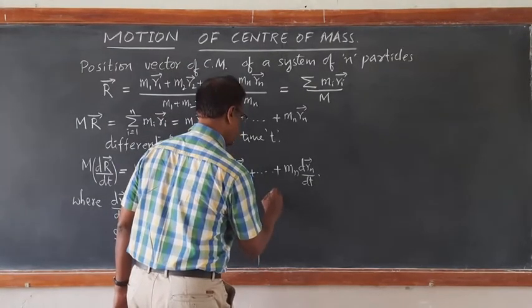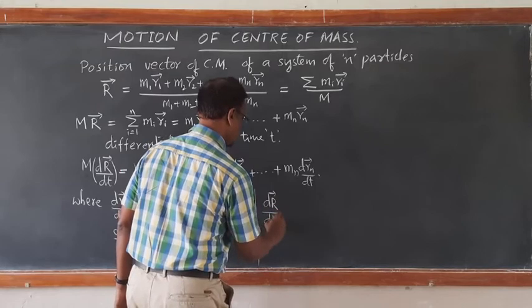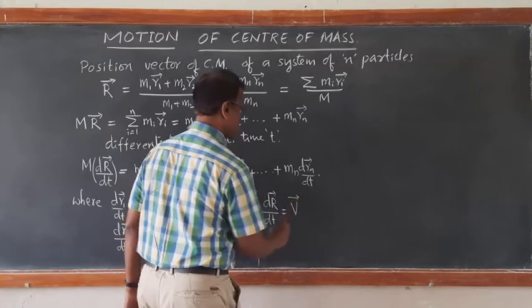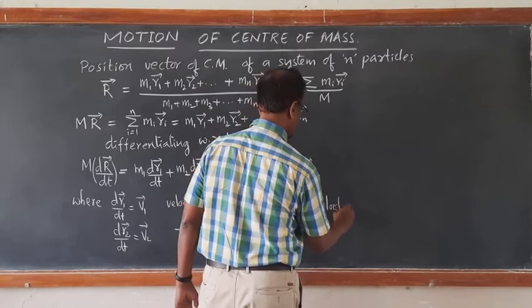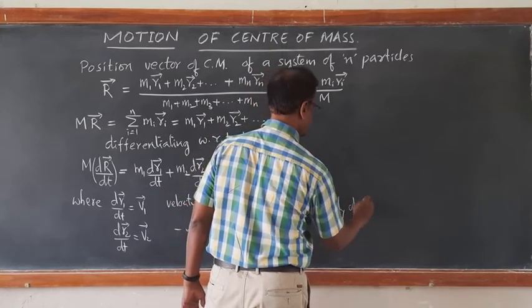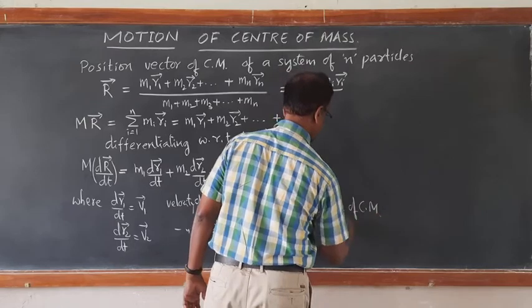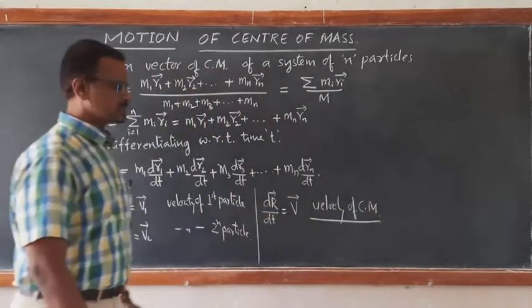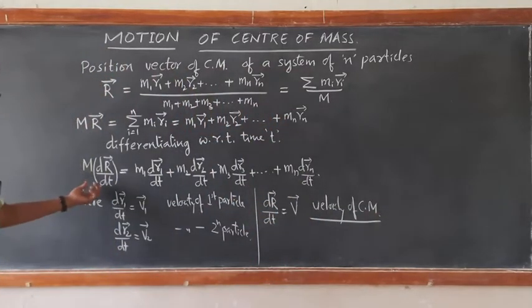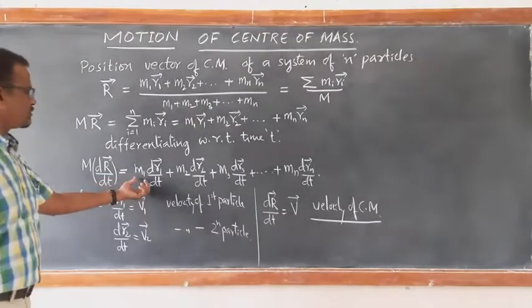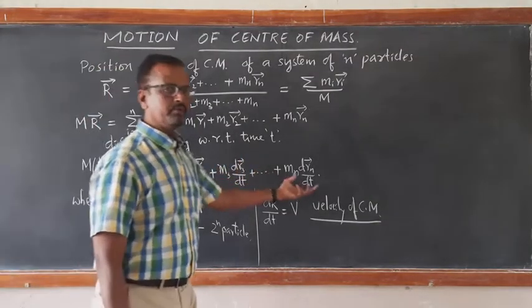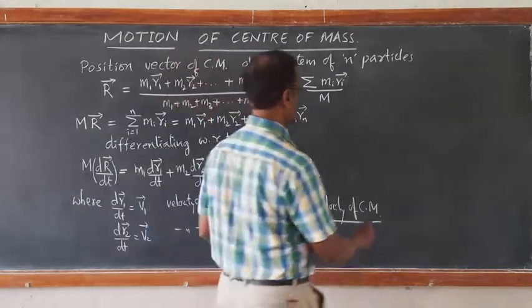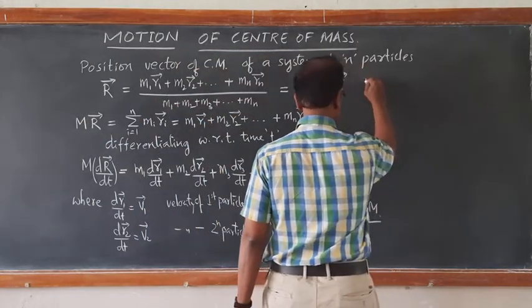dR by dt gives us velocity vector of center of mass. So that gives us M v vector equal to m1 v1 plus m2 v2 and so on up to mn vn.